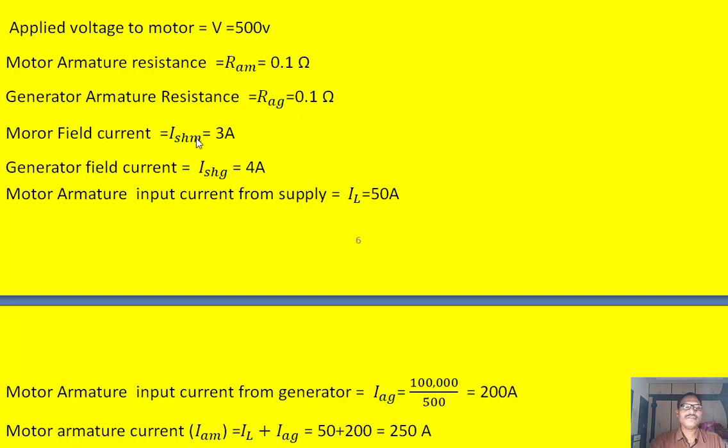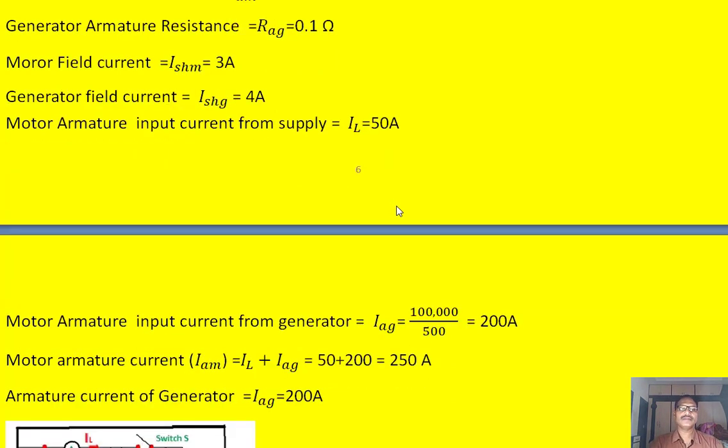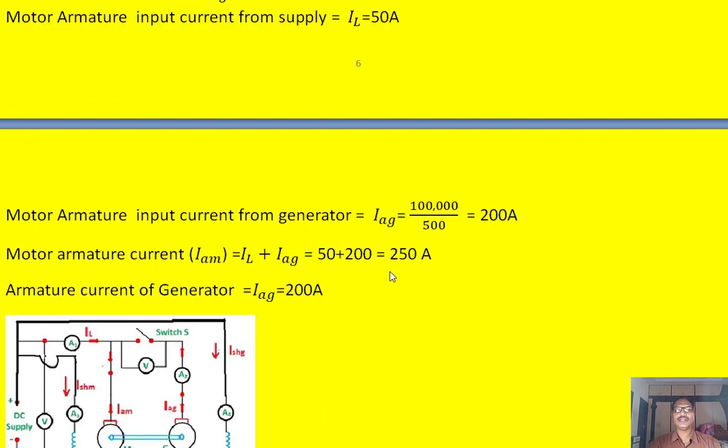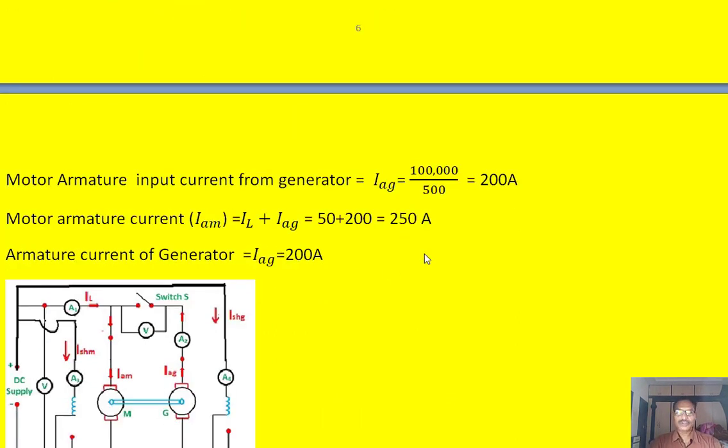Motor field current is given as 3 amperes, and generator field current is given as 3 amperes. The input current from the supply is given as 50 amperes. And the armature current from the generator we can find out because the rating of the generator is mentioned, that is 100 kilowatts at 500 volts.